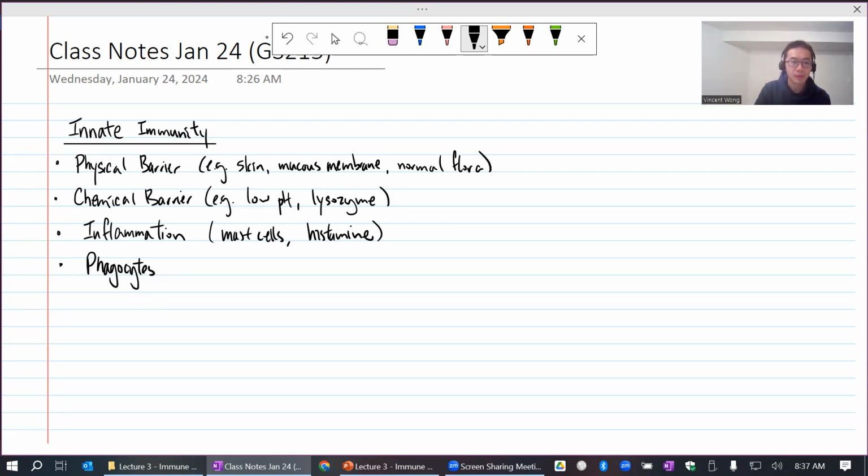And also, there are these NK cells, natural killer cells. Right? So the NK cells, they are going to attack virus-infected cells. And also, with some limited capability, they are able to clear tumor cells as well. Okay, so that's sort of where we left off.